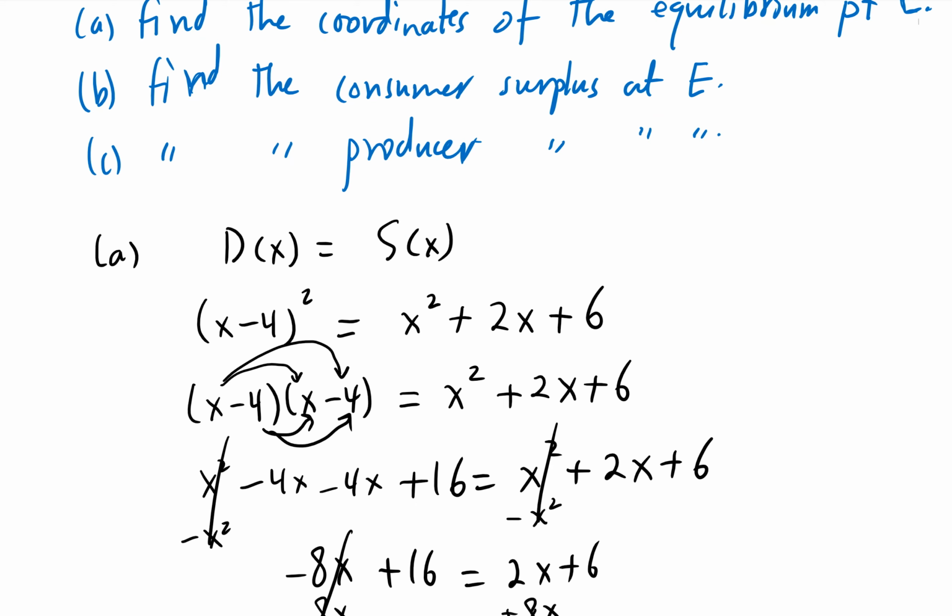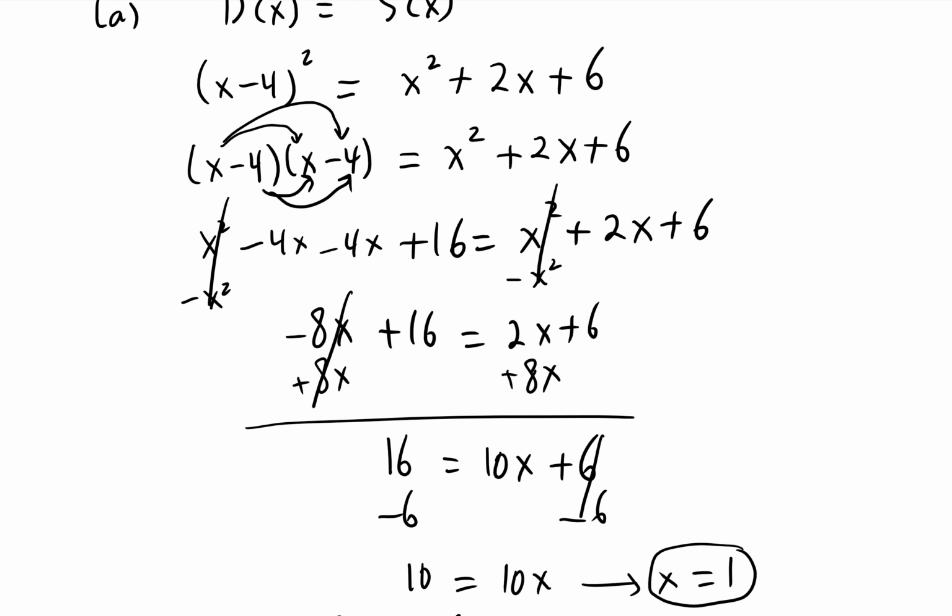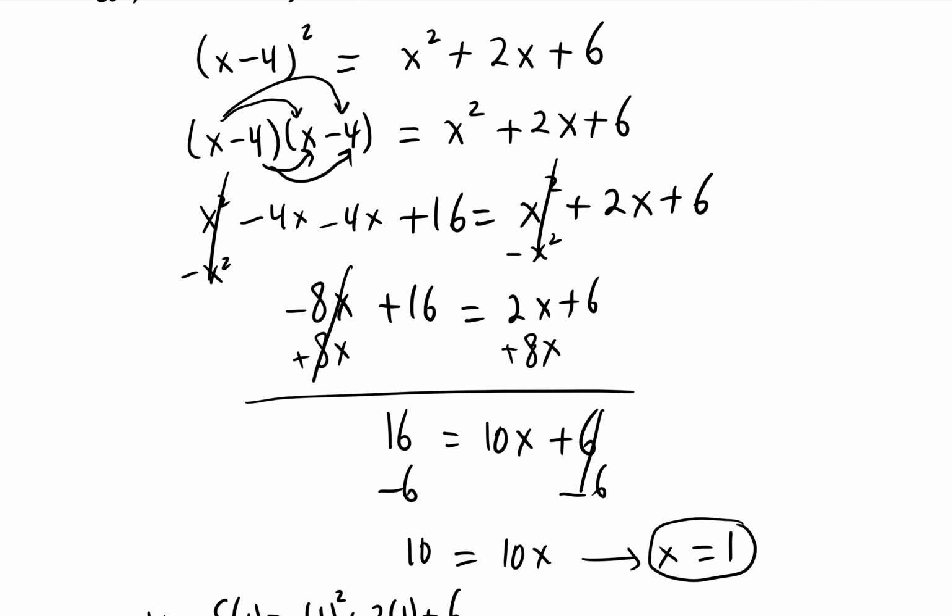Then combine like terms and solve the easy linear equation for x. I got x equals 1. This is the x coordinate for point E.